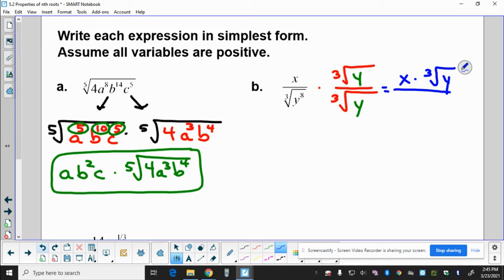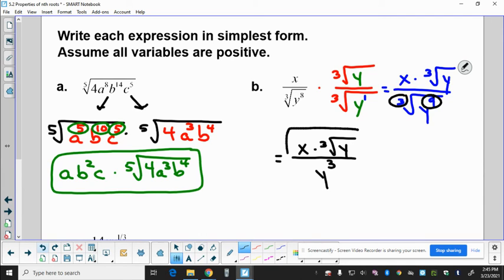On the bottom, I can multiply these together. Remember, that's an exponent of 1. Cube root of y to the 9th power. Now the numerator stays the same. My denominator, 9 is divisible by 3. Done.